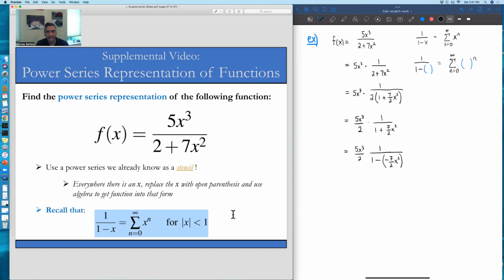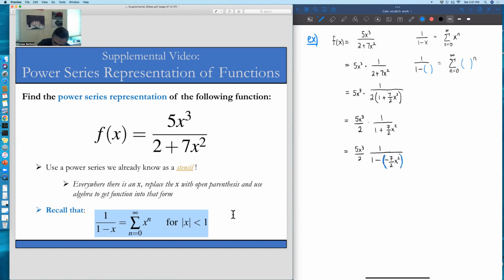So where are we at now? Well, we have a 1 in the numerator like we have in our stencil. We have a 1 in the denominator like we have in our stencil. And we have a 1 minus something in our stencil. And the whole other term here, we have in parentheses.